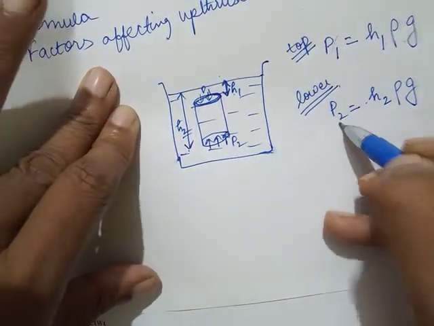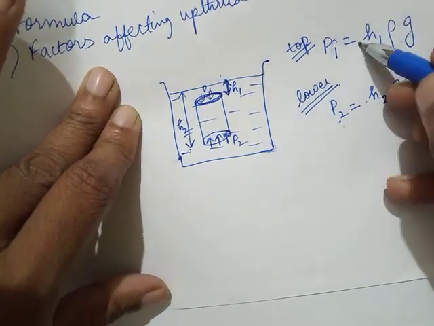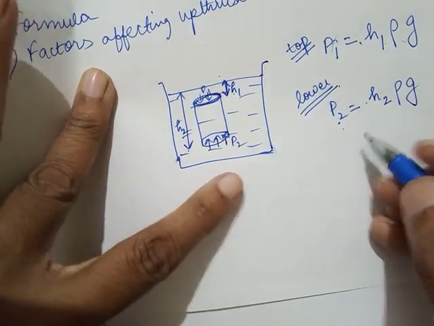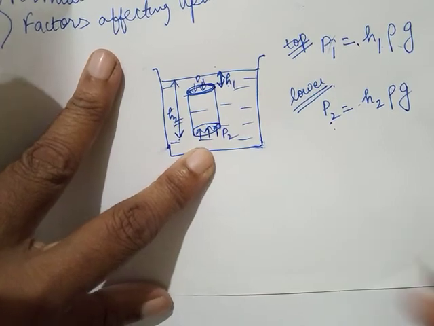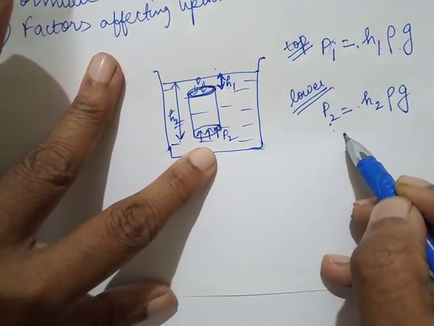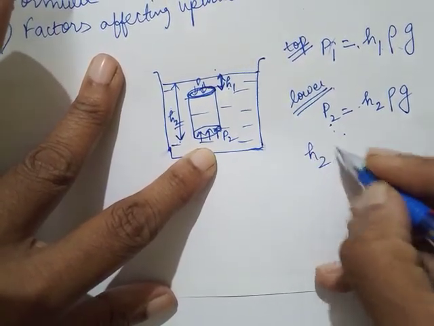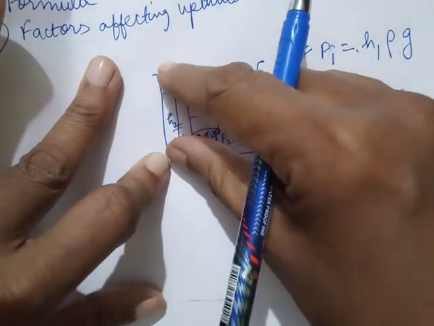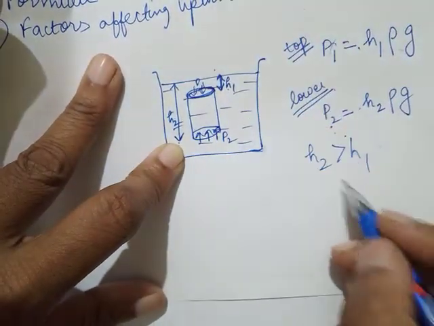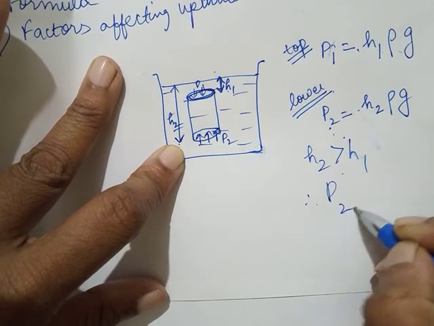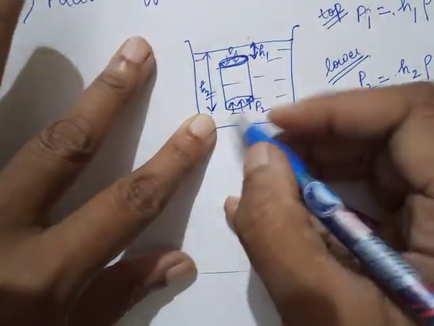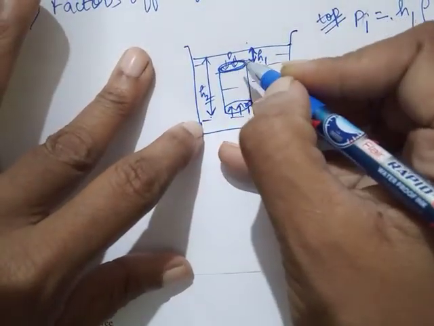Now, because of this difference in pressure, simple logic, you can tell which pressure will be more. Definitely P2. Why? h2 is greater than h1. The lower surface height will be greater than the upper surface height. Therefore, P2 will be greater than P1. So this pressure will always be more than this pressure.